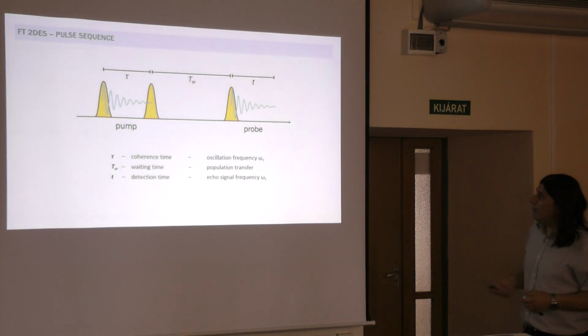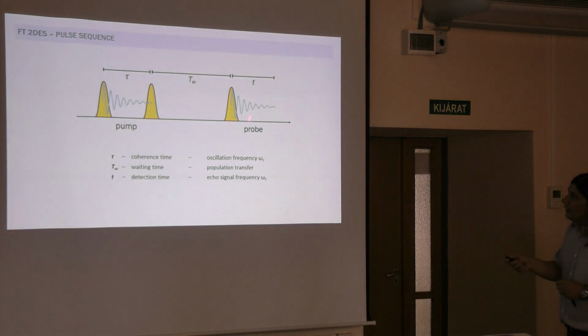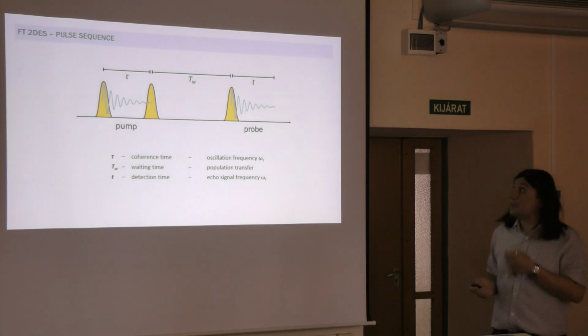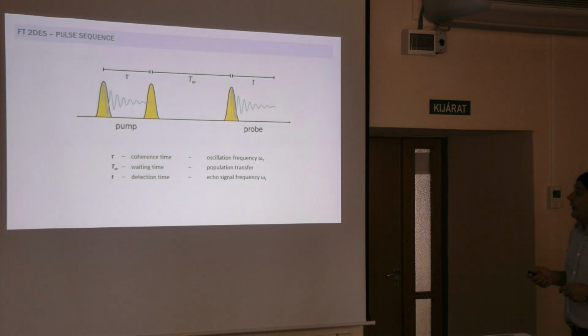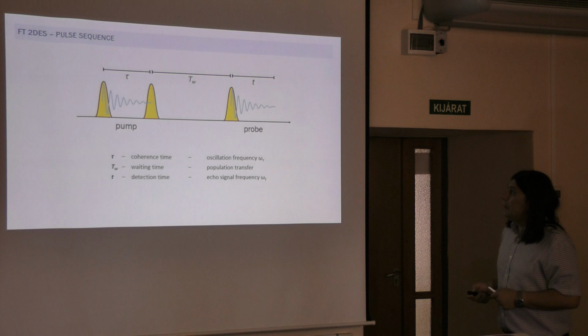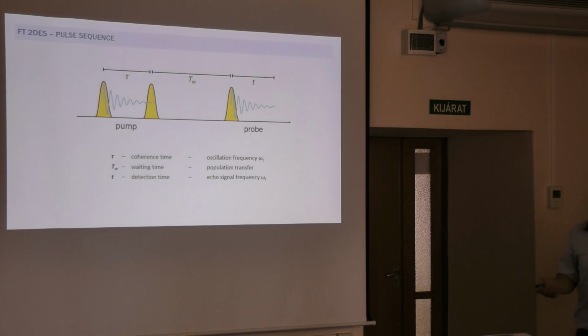The only problem is we need to have very fast detection, as these are very fast oscillations on a femtosecond or sub-femtosecond scale. Anyhow, in two-dimensional spectroscopy, we also Fourier transform the signal with respect to the pump, and then we get the two frequencies. Otherwise, it's the same thing.